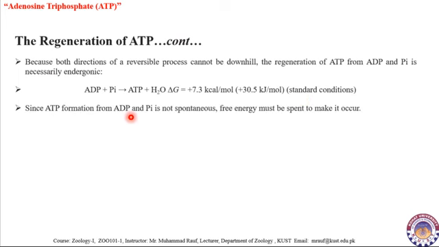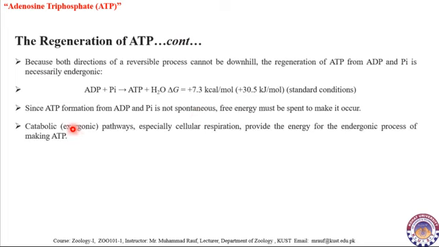Since ATP formation from ADP and inorganic phosphate is not spontaneous, this is an endergonic reaction and it will not occur on its own. It requires the input of energy. The catabolic pathways, especially cellular respiration, provide the energy for the endergonic process of making ATP. So wherever there is a catabolic process going on, the energy liberated in this catabolic process is used to phosphorylate ADP and form ATP.